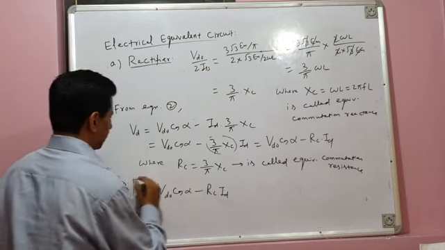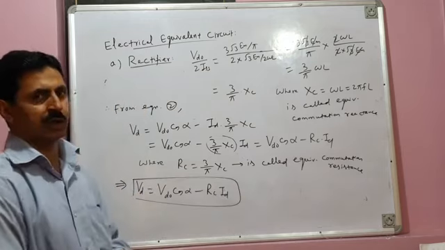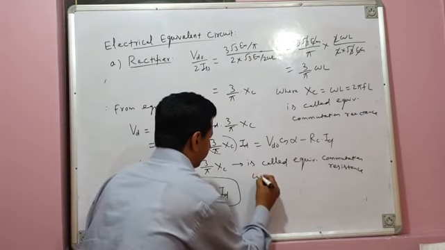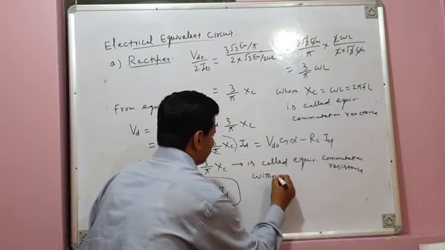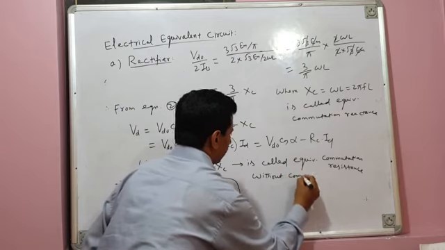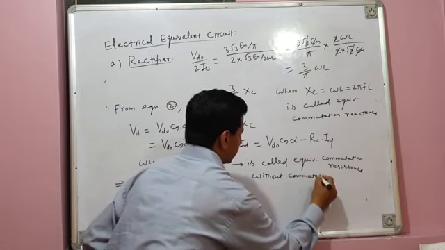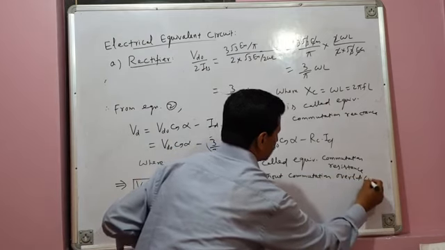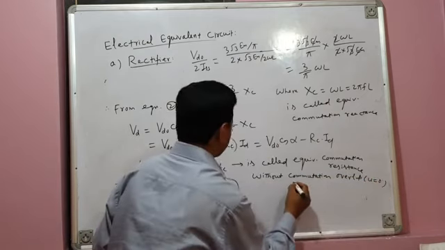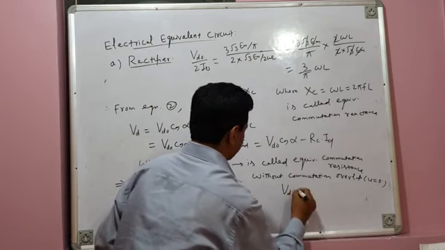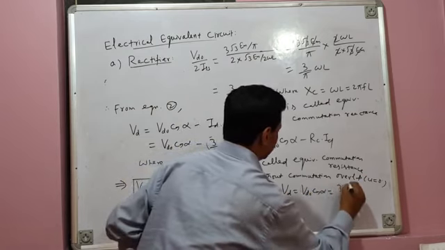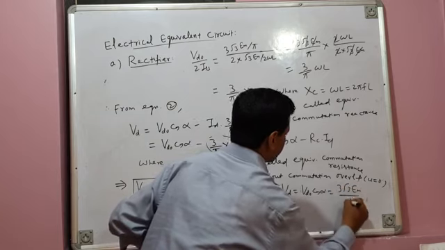Very important equation. We know converter average output voltage without commutation overlap, that is, if there is no source inductance considered and there is no commutation overlap, meaning U equal to 0 degree, is Vd naught cos alpha, that is 3 root 3 Em by pi cos alpha.